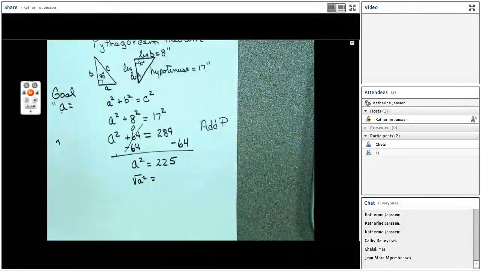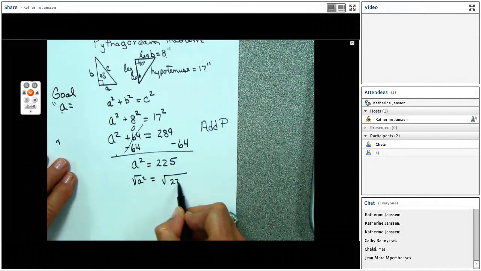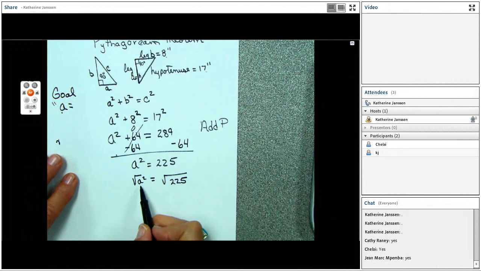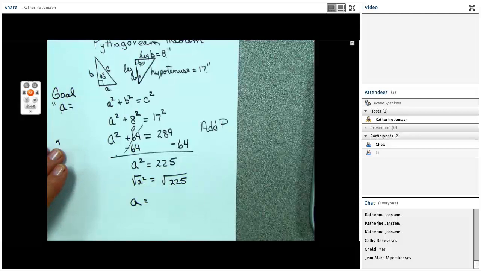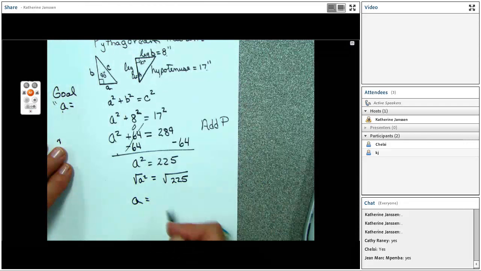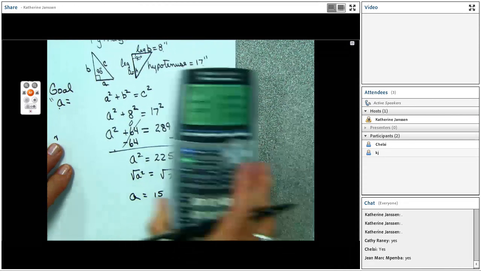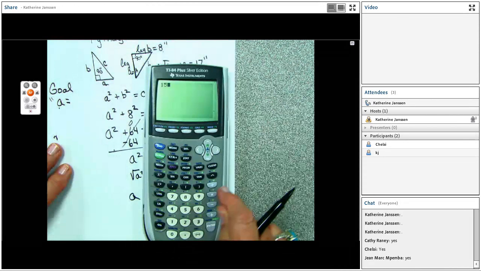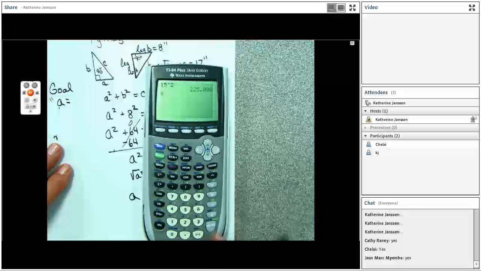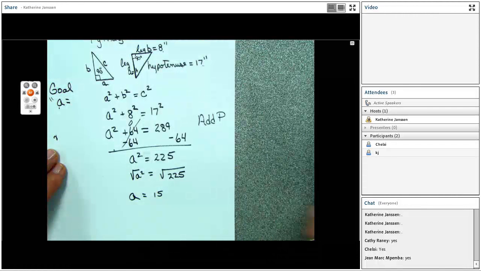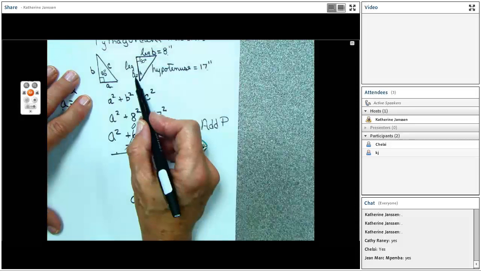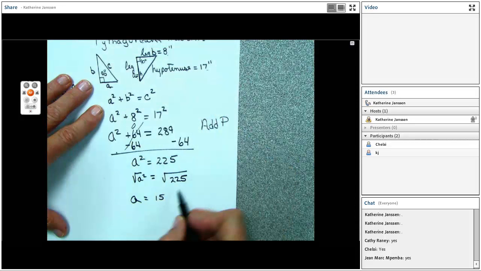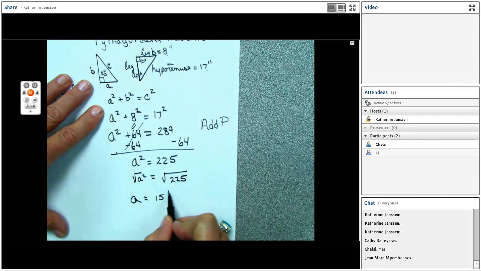On one side of the equation, I'll take the square root of 225. On the other side, the square root of A squared is A. And the square root of 225 is 15. Let's see, for sure. 15 squared is 225, yeah. So the length of leg A is 15, and we were in inches.